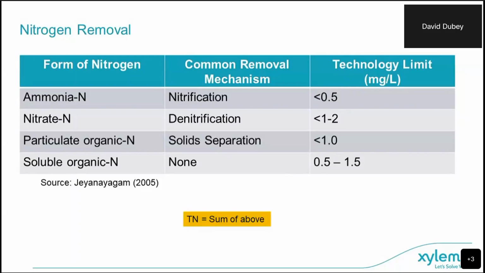This is kind of an old slide, so the technology limits may be a little bit better than what this shows here. This is from 2005 from a publication, but it gives the idea, the summary of all the different types of nitrogen that we're trying to remove from the wastewater so that it doesn't affect the streams and lakes that we're discharging into.